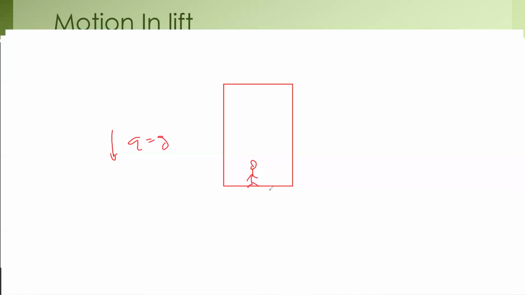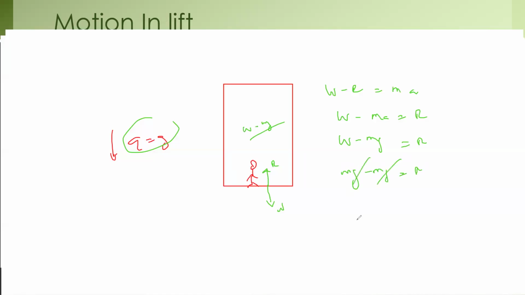If we draw an arrow, the weight is acting downward, the normal contact force is acting upward. So I can say W minus R is equal to MA. Or I can say W minus MA is equal to R. But the acceleration is due to gravity, so W minus mg is equal to R. And weight is mass multiplied by gravity, so mg minus mg is equal to R. So they both cancel out.